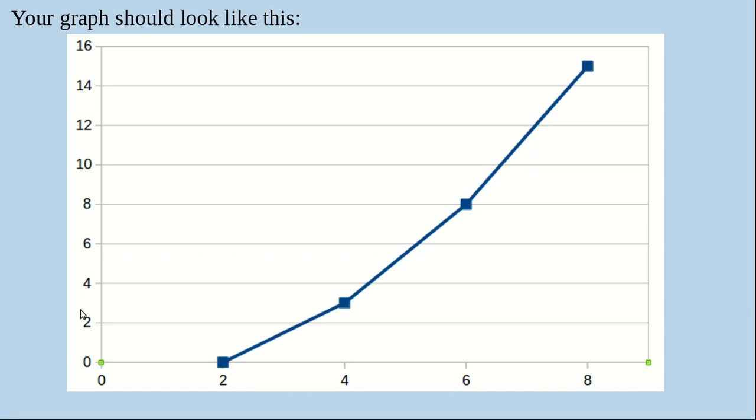Yours could go up by 1 in even jumps as well. We've plotted each of our points and joined them together with straight lines. So just take a moment to make a note on your graph, anything that's a little bit different, anything you might have to fix for the next time.